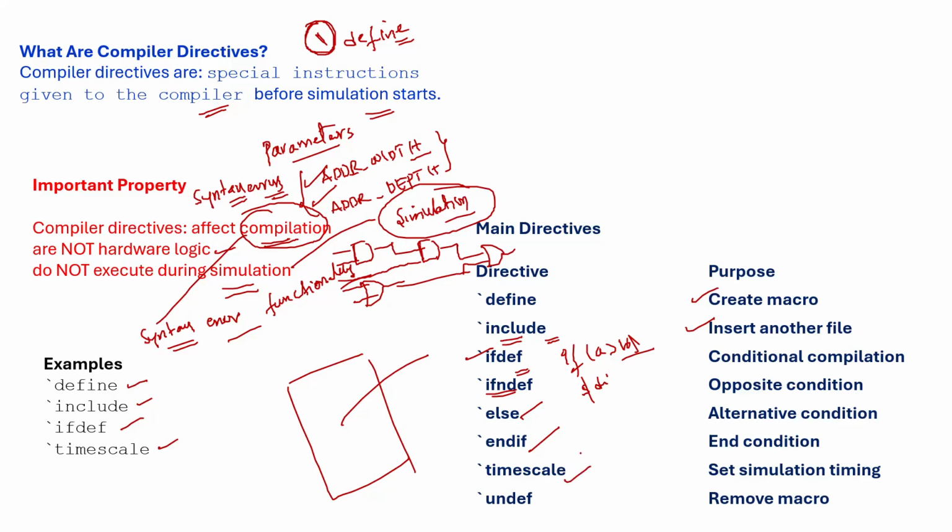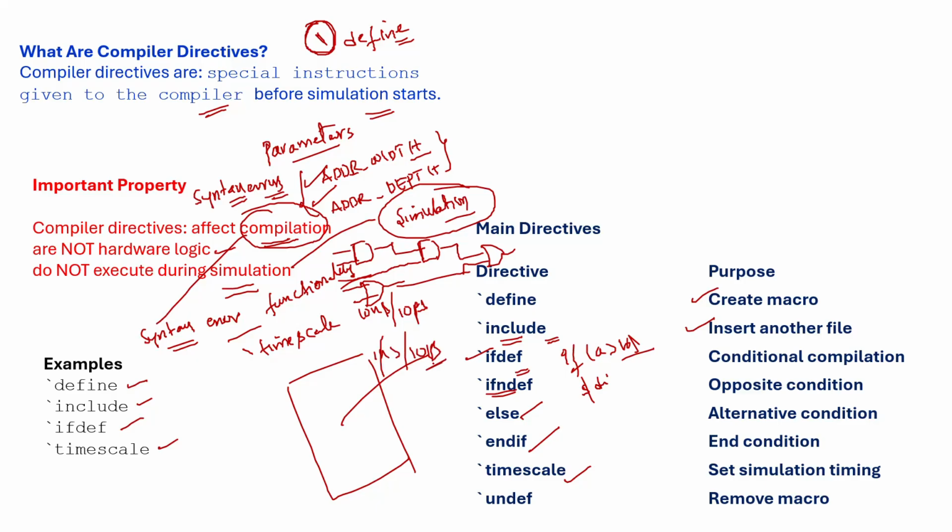And tick timescale. Tick timescale is used for simulation time. Whatever simulation time we are having, suppose I'm utilizing tick timescale 10 nanoseconds by 10 picoseconds, or 1 nanosecond by 10 picoseconds.